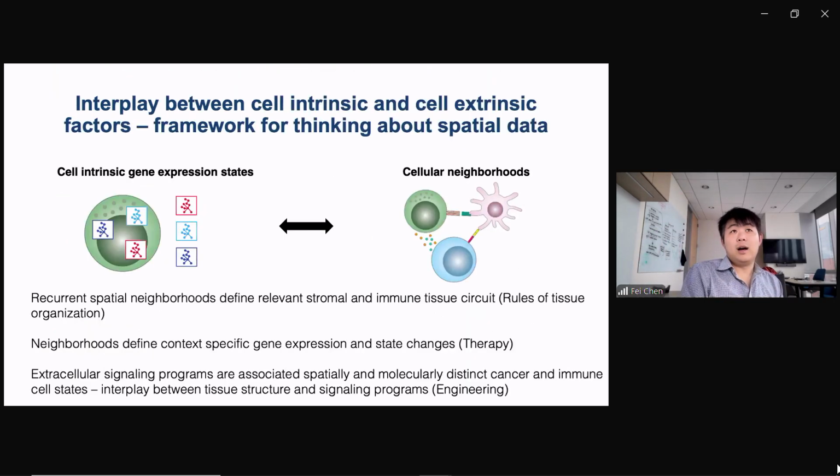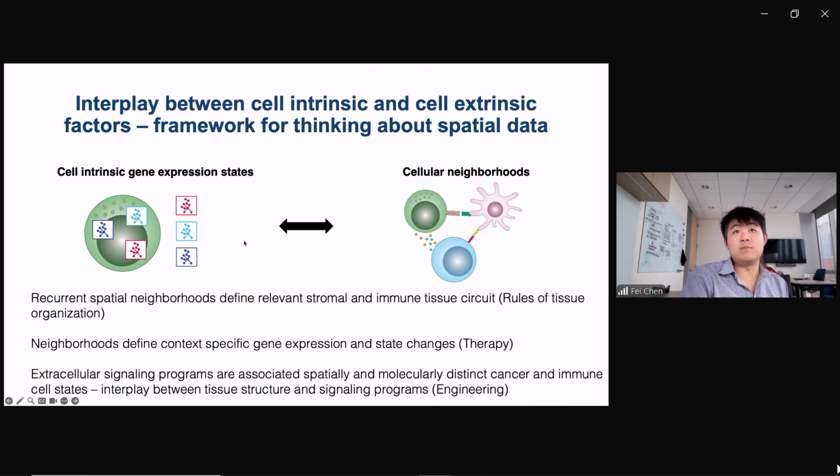And so this is how we're thinking about spatial data in general. We think that there are recurrent spatial neighborhoods that define stromal and immune cell circuits, especially in cancer. If we can observe these recurrent neighborhoods, then we can use that to explain context-specific gene expression changes within cells.